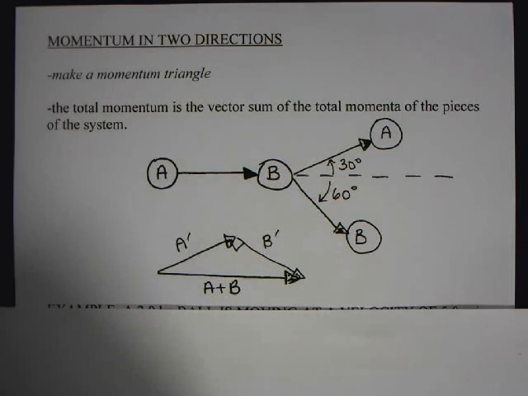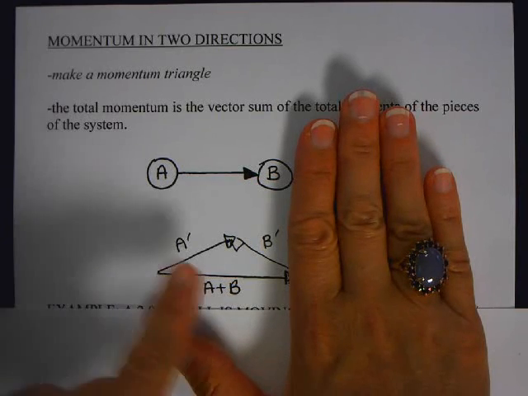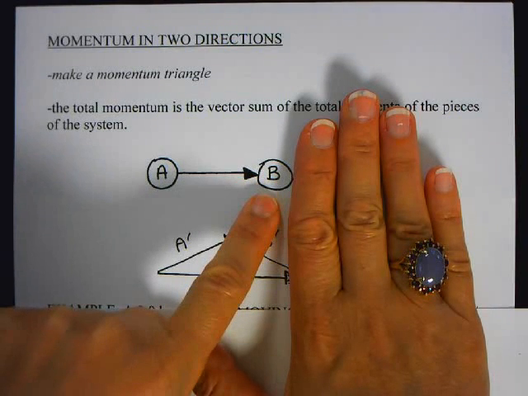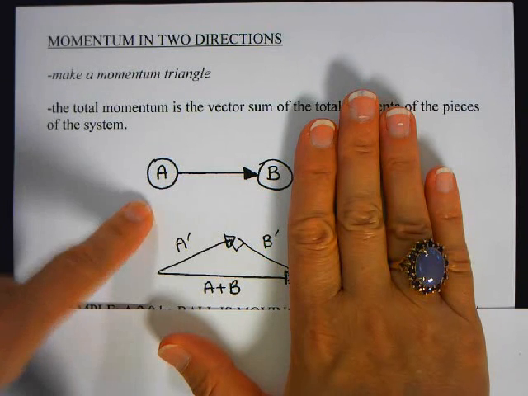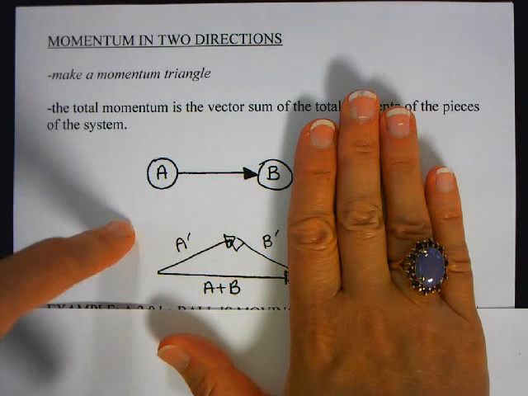So let's look at this conceptually first. I have two objects, A and B. Normally, a lot of times in the problems that we're going to do today, B is a stationary object. A is moving. Momentum is a vector quantity. We know vectors have both magnitude and direction. How do we represent vectors graphically?